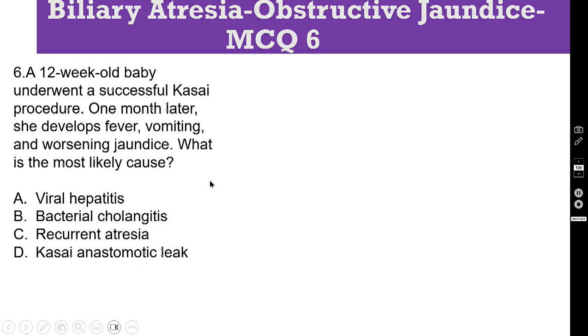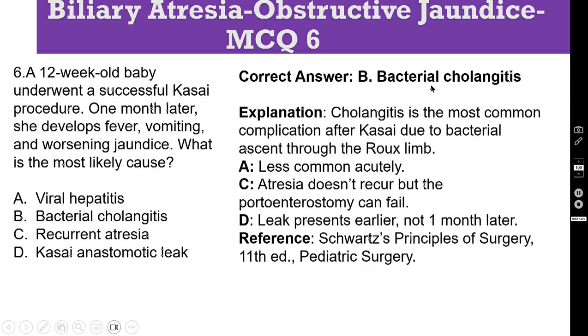Among these, the correct answer is of course B. Bacterial cholangitis. Cholangitis is the most common complication after Kasai due to bacterial ascent through the Roux-en-Y limb. Through that jejunal limb, infection may ascend. It is ascending bacterial cholangitis. A. Viral hepatitis is wrong because it is less common acutely.